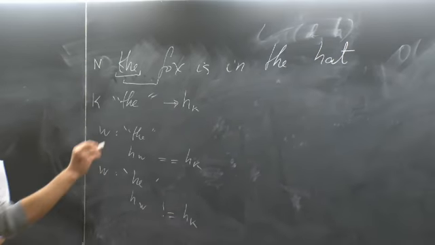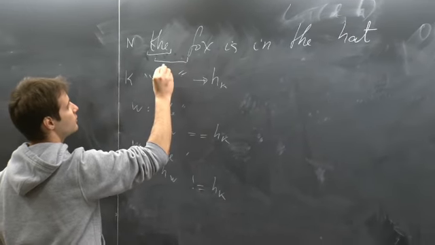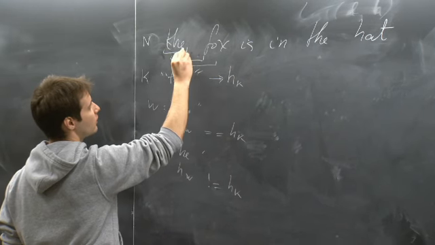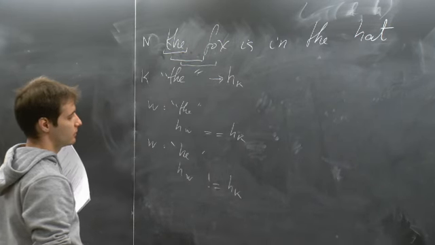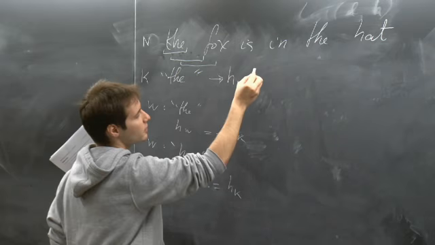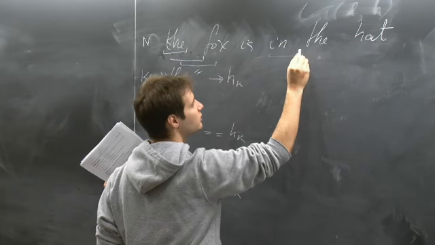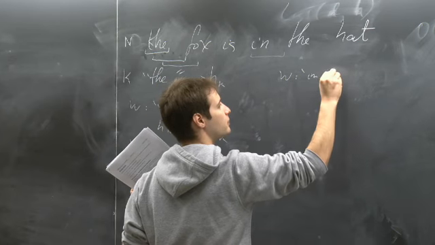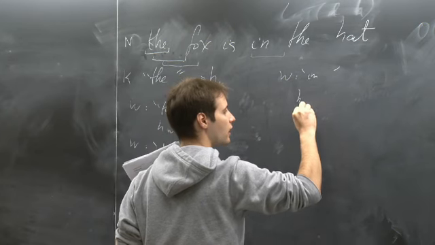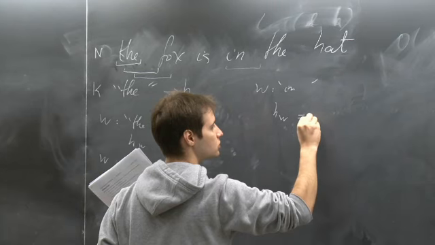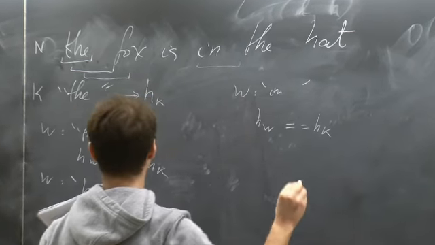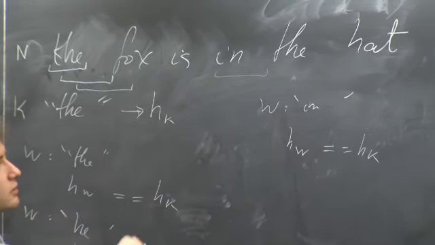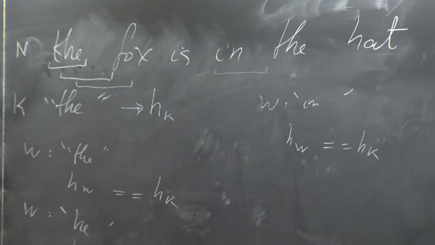So this is definitely not "the". OK, now suppose I'm sliding my window. So after this, I would slide my window again, and I would have "e", space, "f", and so on and so forth. Suppose I'm happily sliding my window, and then I get here, and I have my window be "i", "n", space, and the hash of the window happens to match the hash of the key. So we're in the same situation as here. Now what?